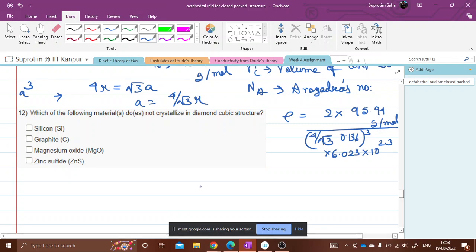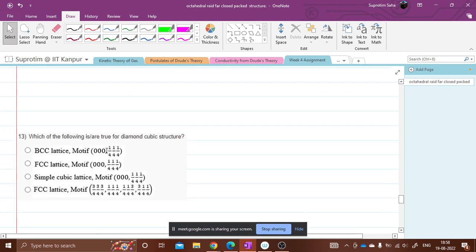That would be graphite. Silicon has a diamond cubic structure. Zinc sulfide, a zinc blende structure, wurtzite, is also a diamond cubic structure. So graphite and magnesium oxide will not have this diamond cubic structure.